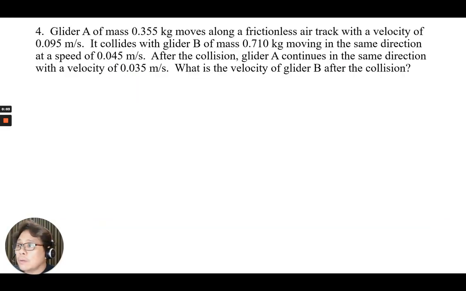Problem number 4, we have a glider A of mass 0.355 kilograms that moves along a frictionless air track with a velocity of 0.095 meters per second. So this is positive. Let us illustrate this.